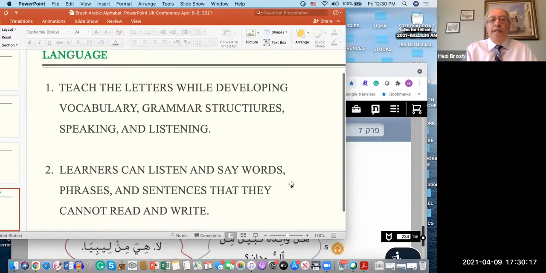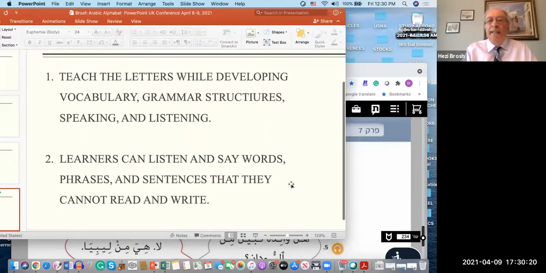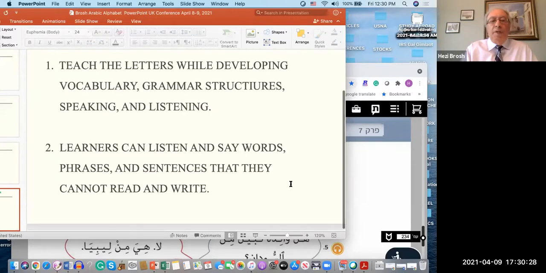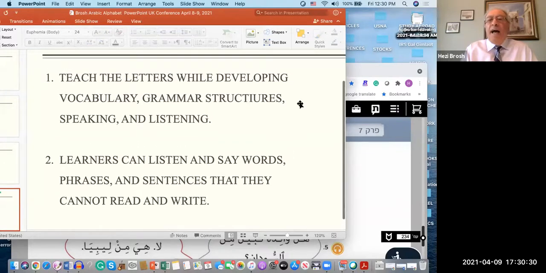And they will be able to speak and listen and deliver messages more clearly and precisely. Also, I believe that the alphabet is part of the language. It's not a separate part. It's an integral part of the language, and it should be taught as part of the language.